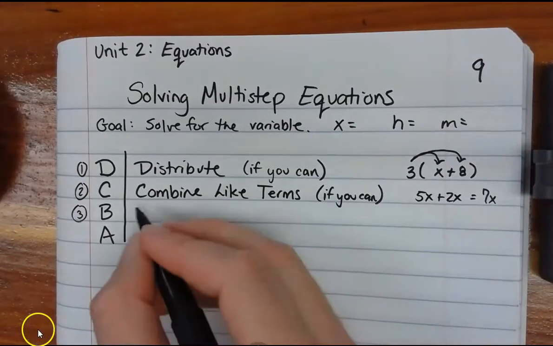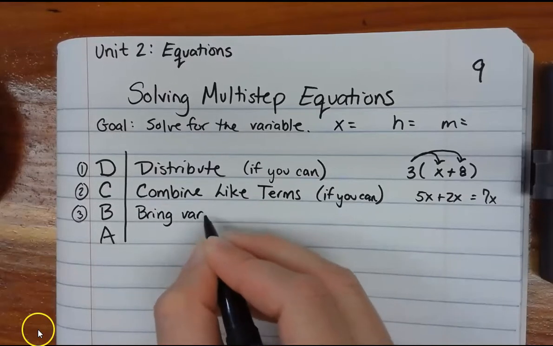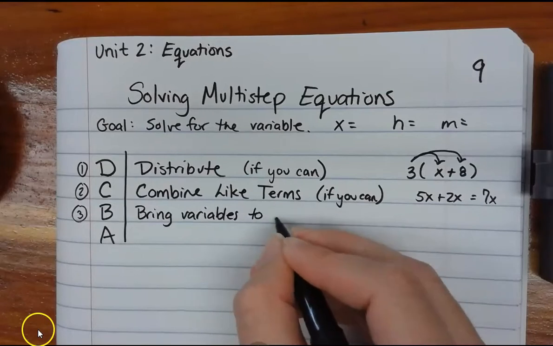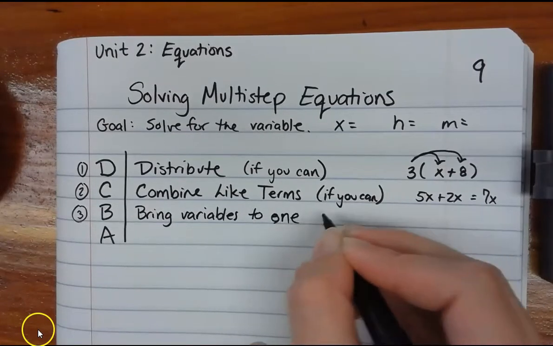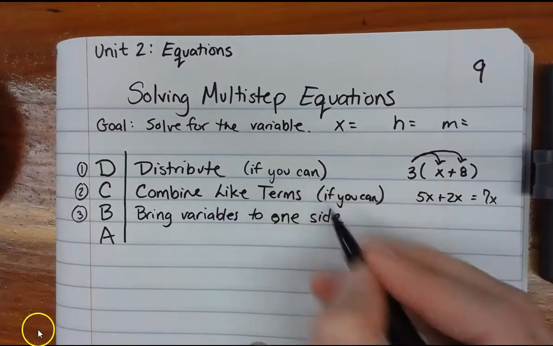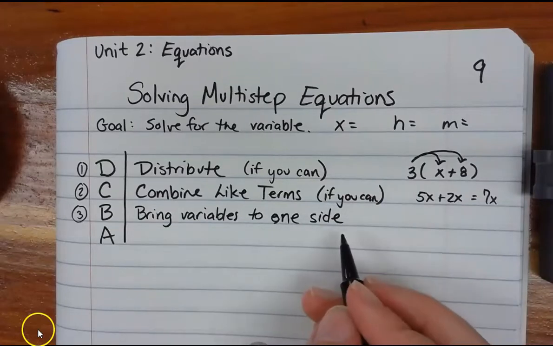The B step stands for bring variables to one side. Bring the variables to one side. And it's another if you can step. I'm not going to write that in. But bring the variables to one side.